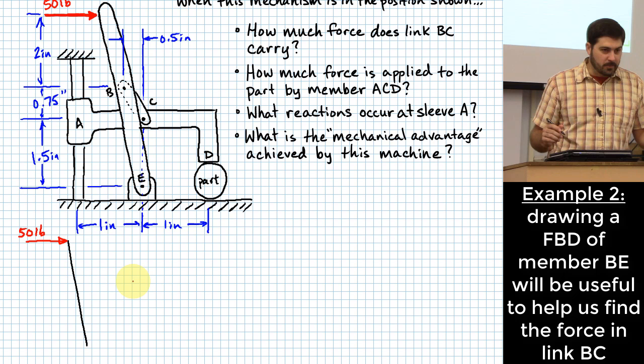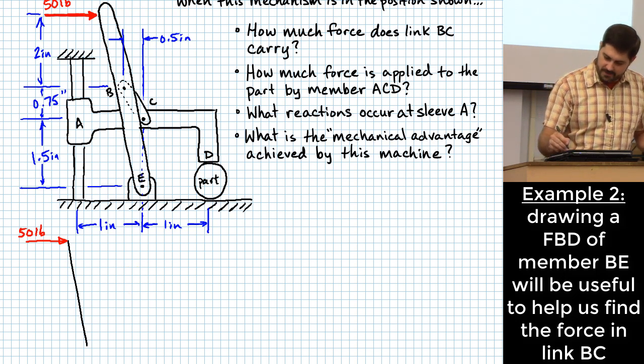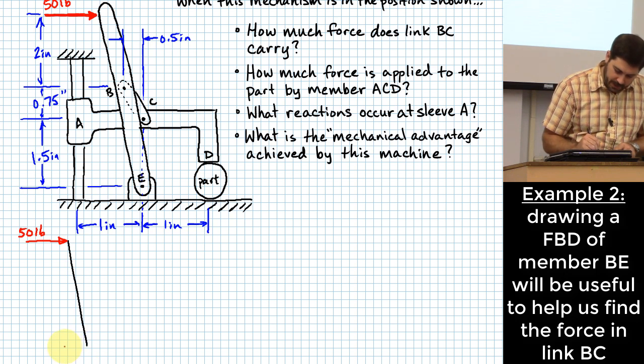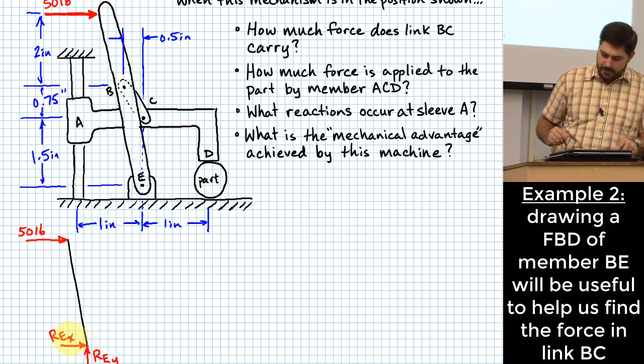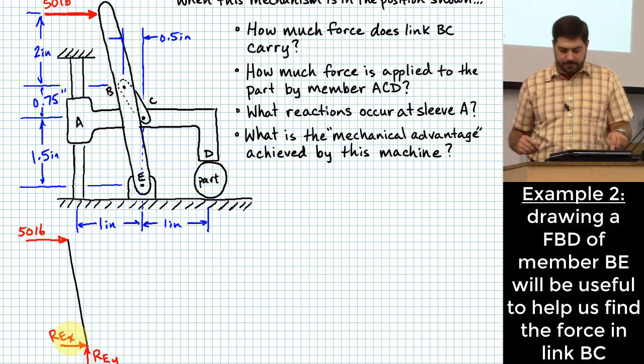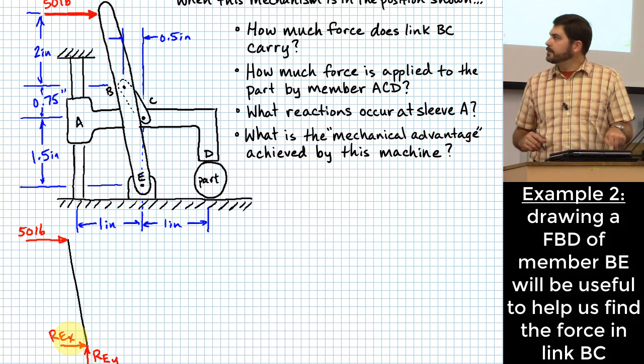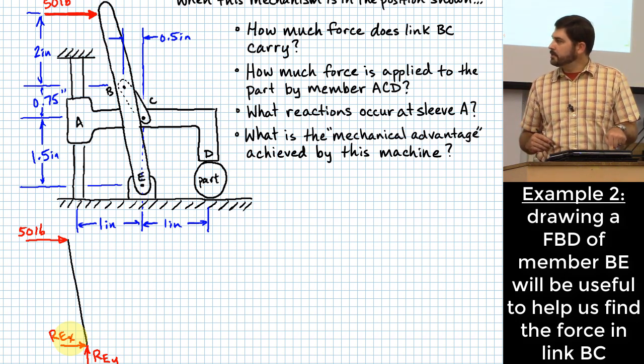At E, what is that? It's just a pin, right? So I can imagine there being an X and Y component of reaction at that location. Okay. REY and REX. Okay, so those are the nice, easy ones.